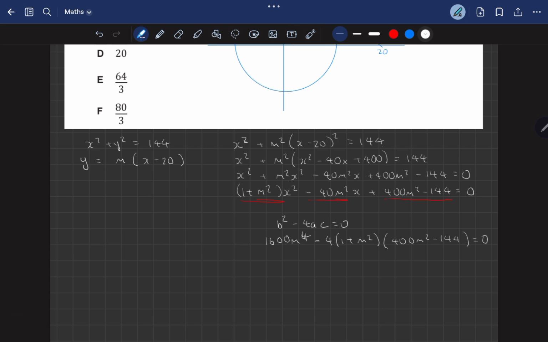We can divide this term by 16, which is just 100 m to the 4. We can divide by 4 here, and we can divide by 4 here. So I've just got minus (1 plus m squared)(100 m squared minus, what is 144 divided by 4? 36) is equal to 0, because 0 divided by 16 is just 0.